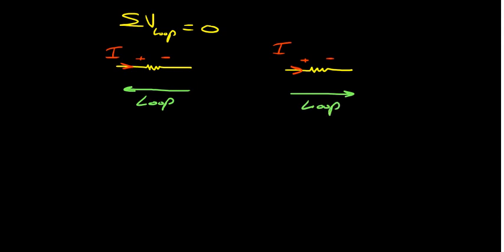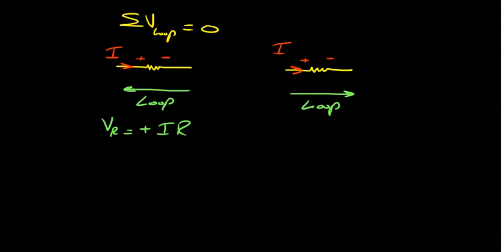the voltage across this resistor will be positive IR, because I entered my travel direction, or my loop direction, from low and went out high, so it will be positive.